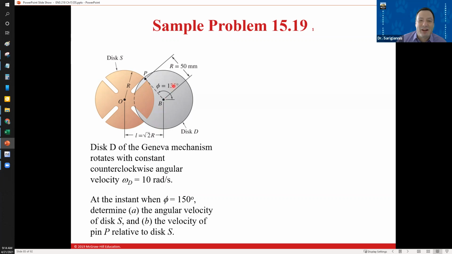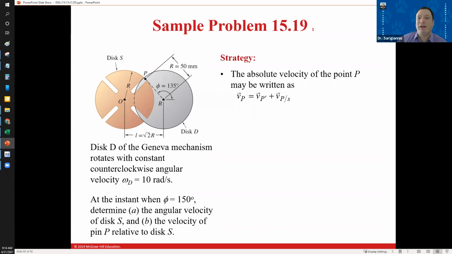The diagram is labeled 135, but we're going to work with 150. Determine the angular velocity of disk S, and the velocity of the pin P relative to disk S. So we're going to figure that out.